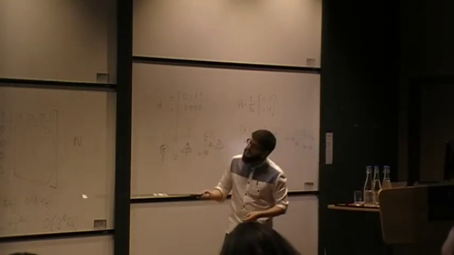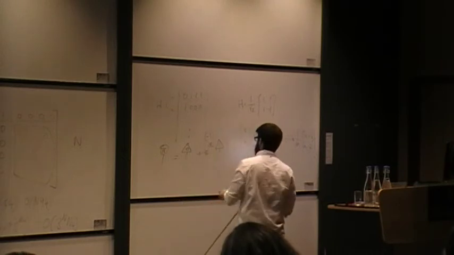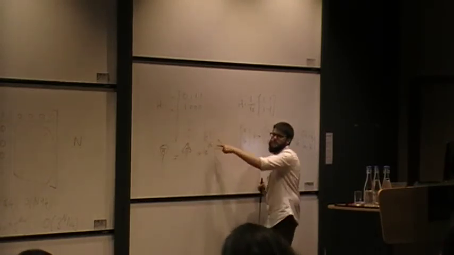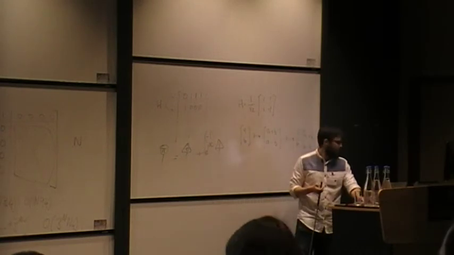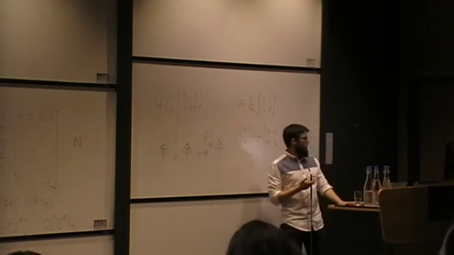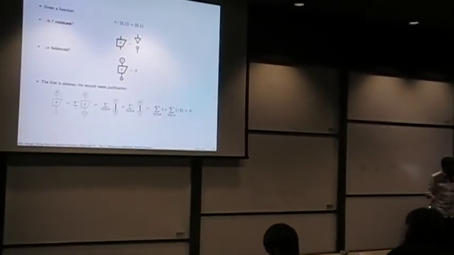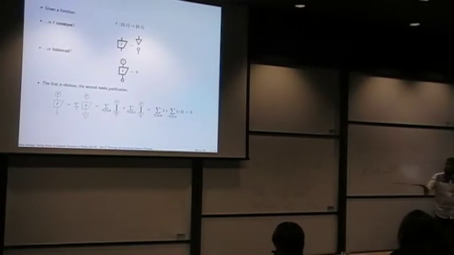So when a 0 hits that pi, it's going to make a plus 1, and when a 1 hits this pi, it's going to make a minus 1. So I can reduce that, and I get a bunch of 1s and a bunch of minus 1s. Of course, if I have the same number of each, these are going to cancel and that's going to go to 0. So that's why that equation means balanced.